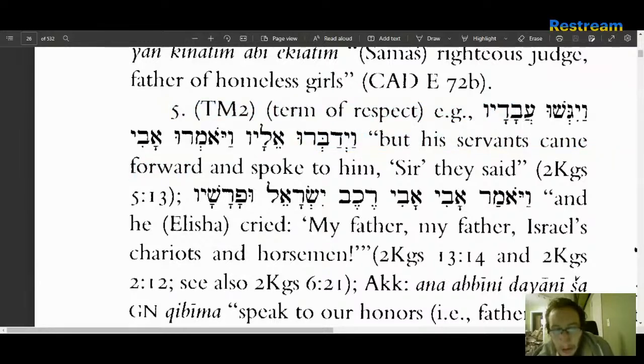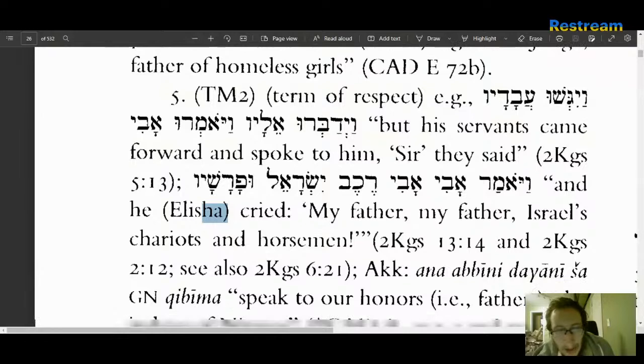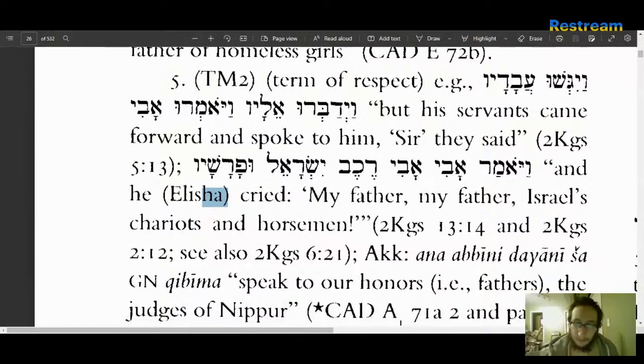But then down here, Elisha says to Elijah, he calls him father. My father. Because Elijah was the origin of certain teachings that were handed down to Elisha.